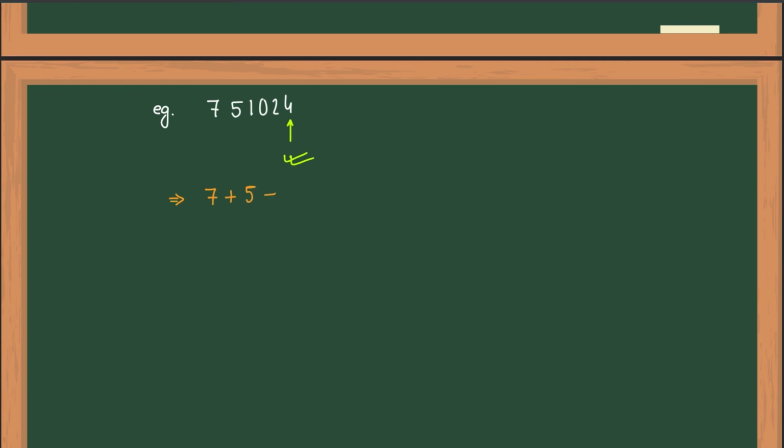That is 7 plus 5 plus 1 plus 0 plus 2 plus 4. On adding up, we are getting 19. Let us check. 19 when divided by 3, 6 times is 18. The remainder is 1. Over here, it is yielding a remainder, that is 1. It means that it is not divisible by 3. So what I have said is the rule that it must be divisible by both 2 and 3. Since it is not divisible by 3, it means that the whole number is not divisible by 6.